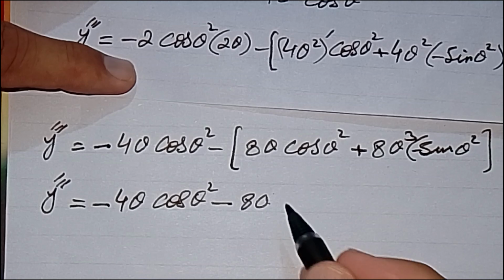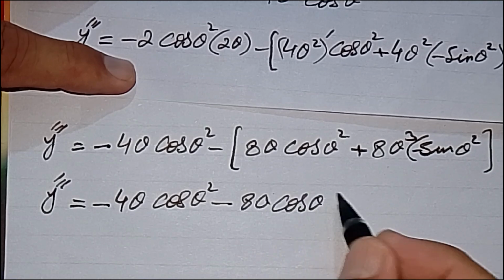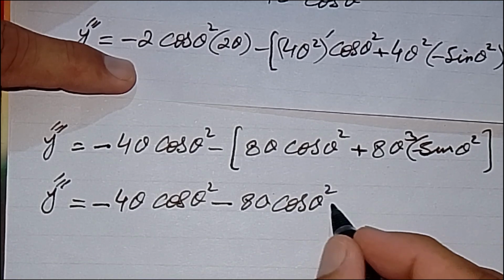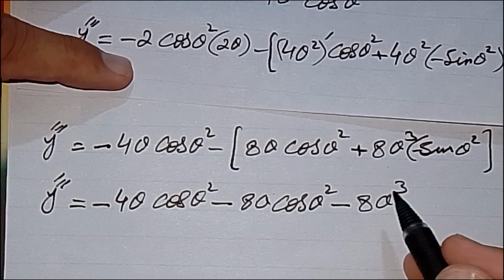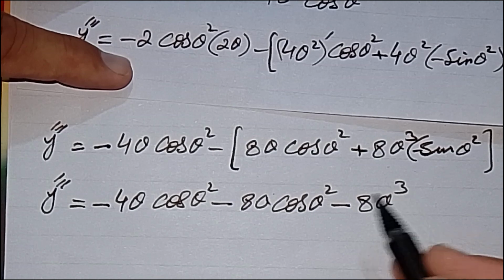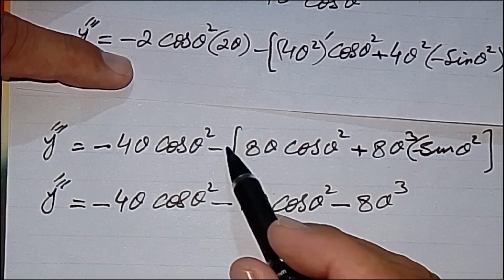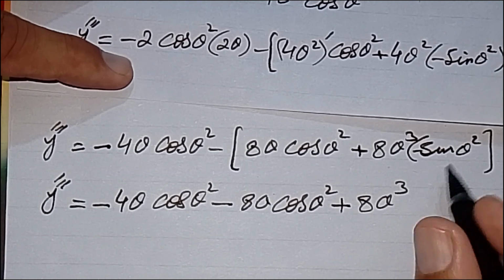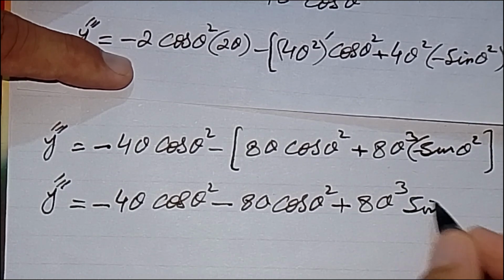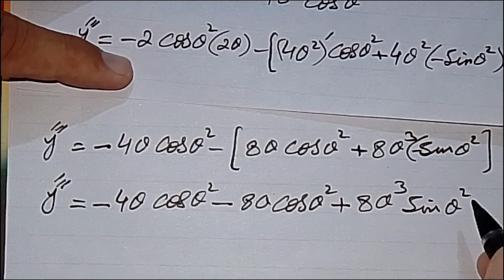8 theta cos theta square minus 8 theta cube, minus into minus plus 8 theta cube sine theta square.